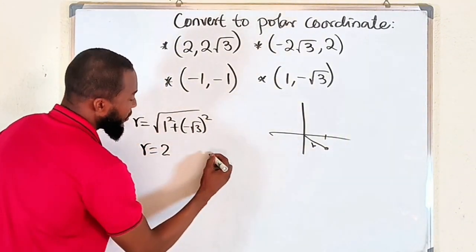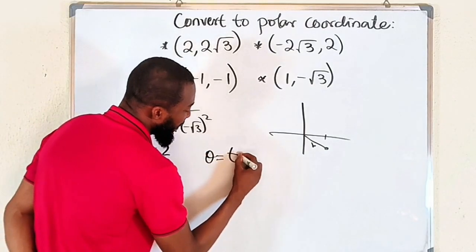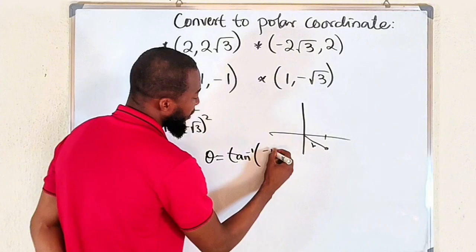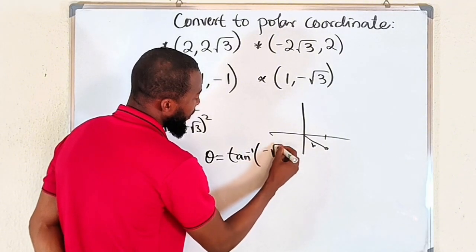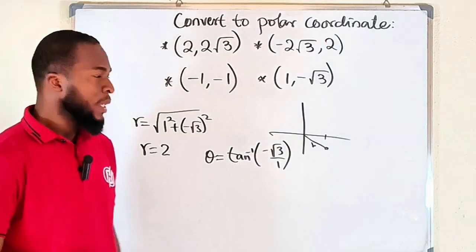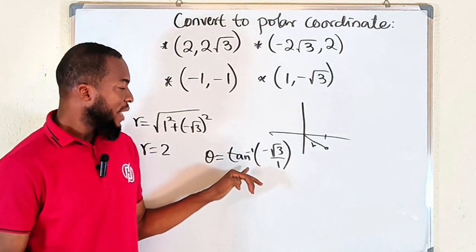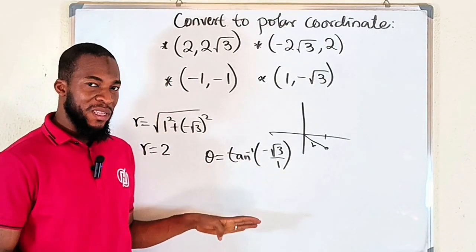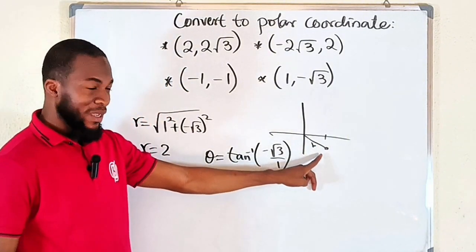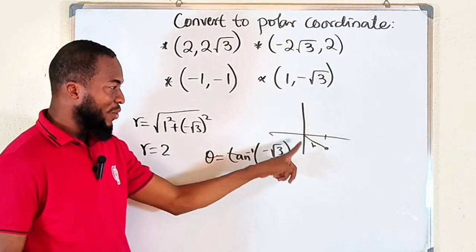Then the angle, which is theta, is equal to what? Tan inverse of y, which is negative root 3, divided by 1, which is just negative root 3. So if you take tan inverse of negative root 3, you can assume that this angle is too big from the standard position down here.